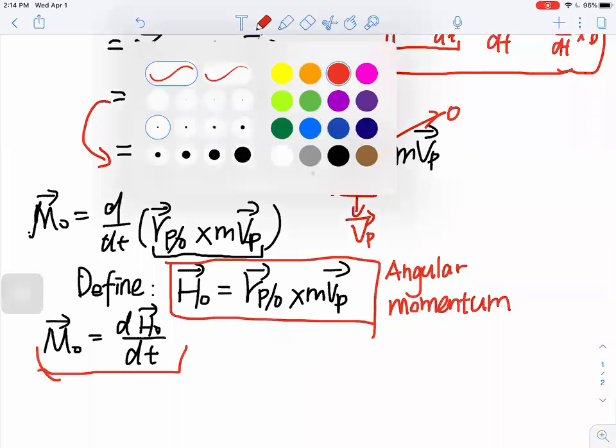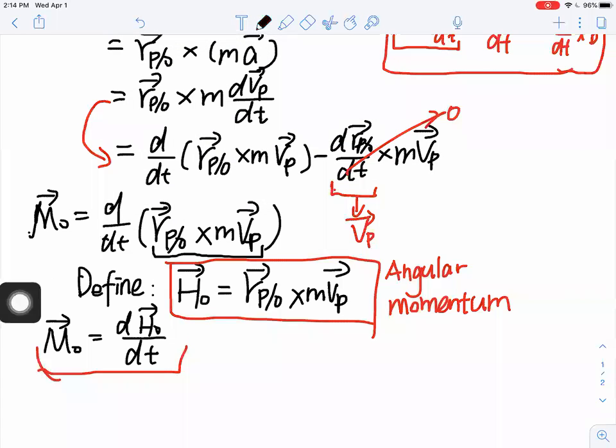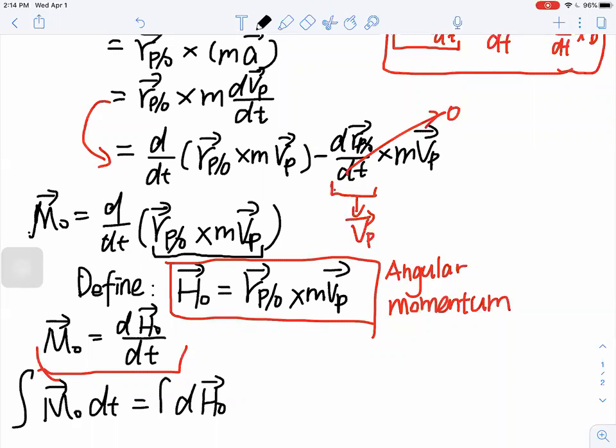We can keep this since we have d something over dt on one side of the equation. We can actually throw this dt term to the other side. Now we end up with M dt equals dHO. And we can take the integral on both sides of the equation, from time 1 to time 2.